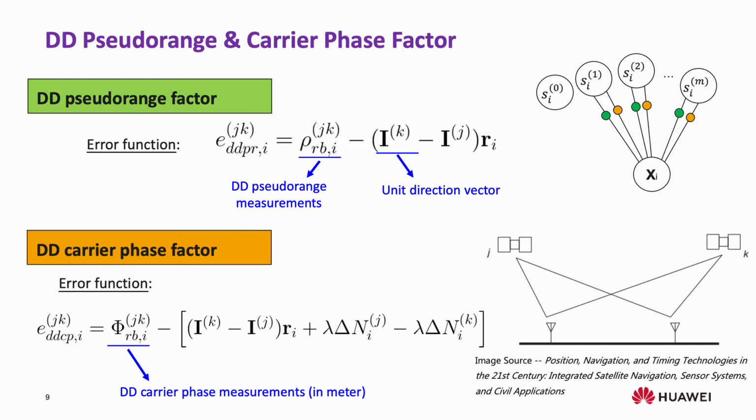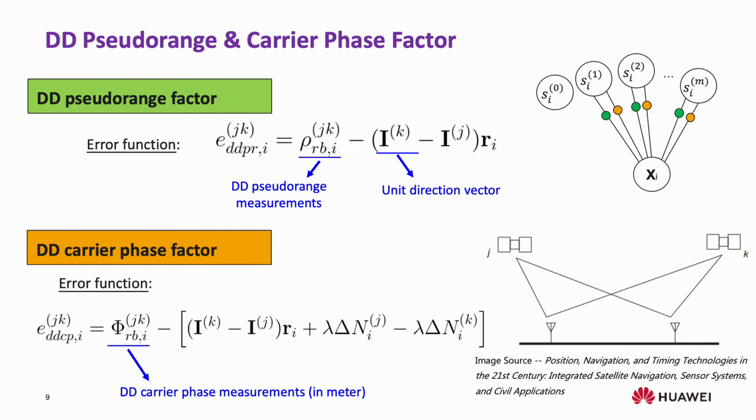The calculation of the double difference pseudo-range residual is obtained from the difference between the measured double difference pseudo-range and the estimated double difference pseudo-range. The estimated double difference pseudo-range can be obtained from the unit direction vector of two satellites and the relative position between rover and base.